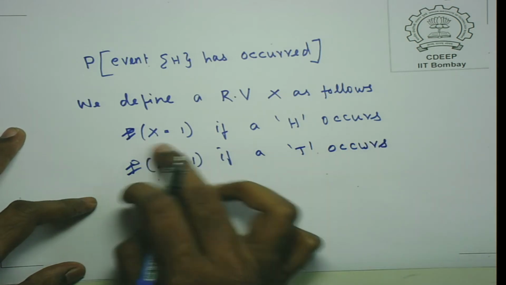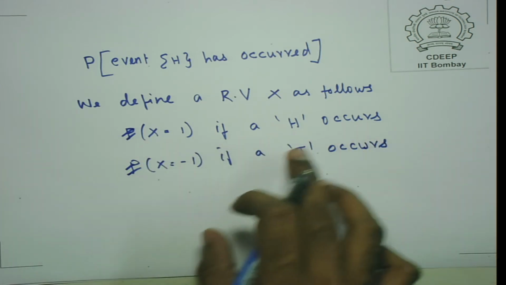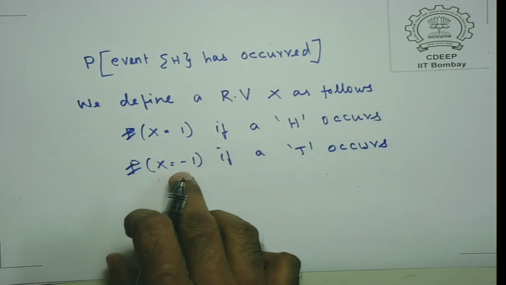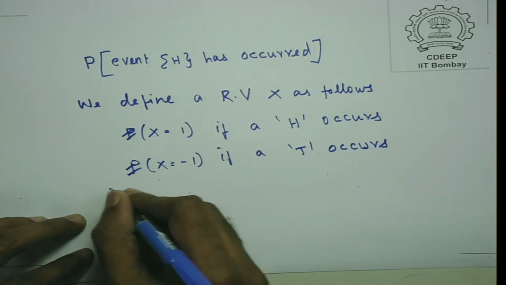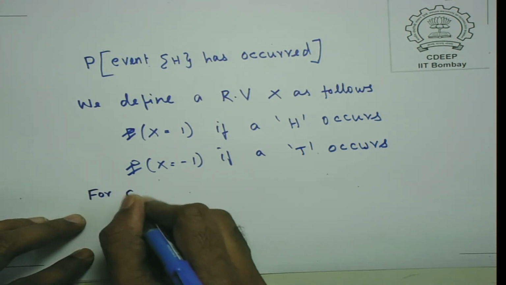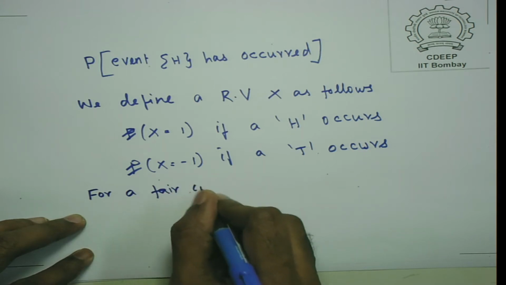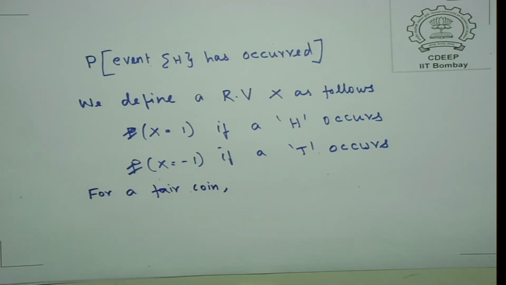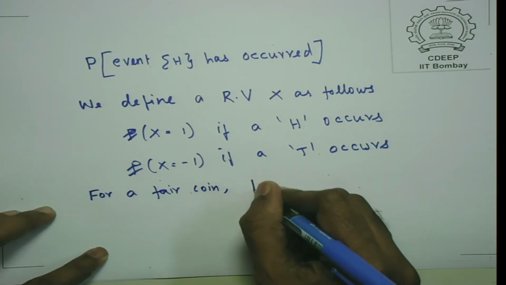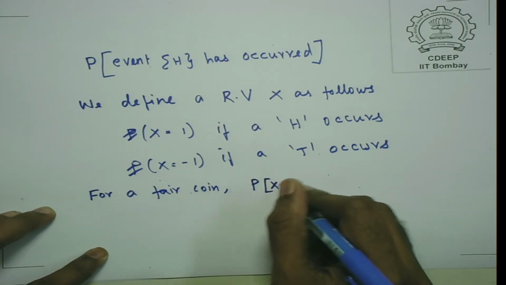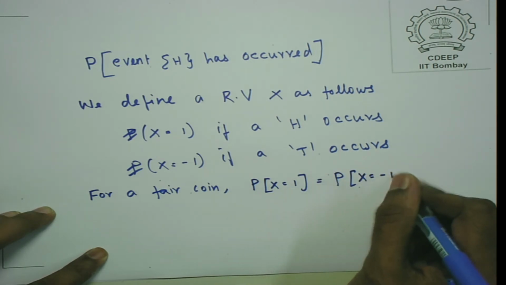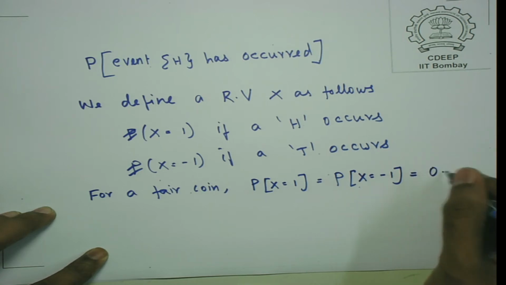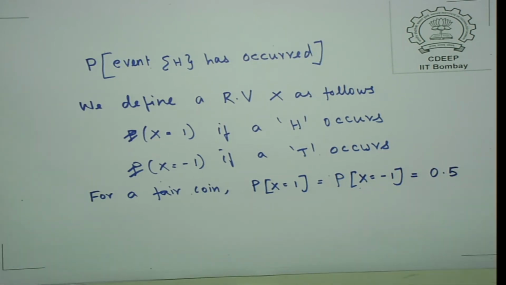So this is that X equal to 1 indicates a event H occurring or the head occurring, and event X equal to minus 1 indicates a tail occurs. So now we could define probabilities and say, for example, for a fair coin where the probability of having head and tail is equal, we will denote as so. This is just to kind of say that this is what a random variable is.